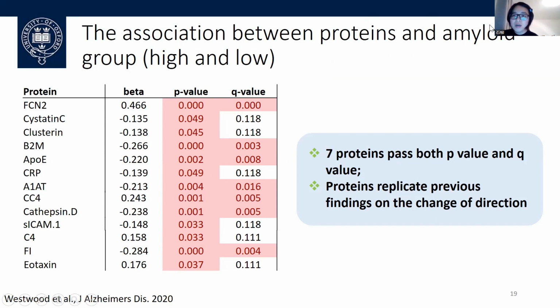In addition, we found that the proteins replicate previous findings in the direction of change. Here we found that this protein, phecolin-2, increased in A-beta positive individuals, and in our previous findings, we also found that it increased in A-beta positive individuals. The directional changes are consistent.